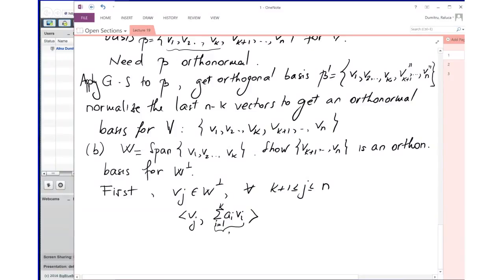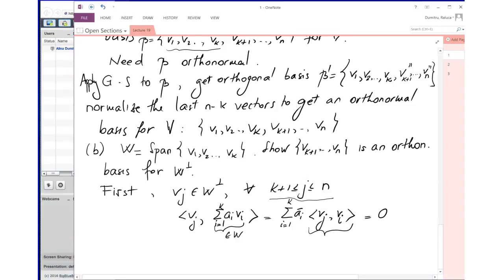That is an arbitrary element of W. We can pull those scalars out, in complex conjugate if necessary. So now what's this inner product? Inner product between vj and vi. j, remember, is greater than or equal to k plus 1. i is between 1 and k. The vectors were orthogonal, so it's just going to be 0 for each of them.